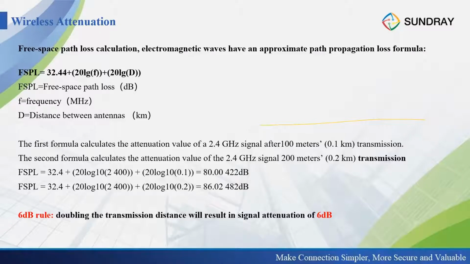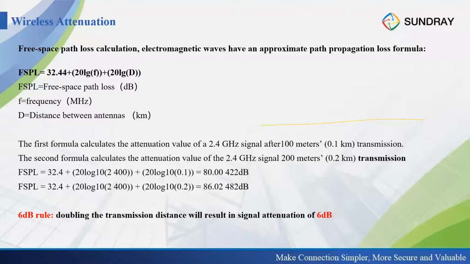For example, we are using 2.4 GHz and the signal travels 100 meters. How many dB will be lost? We can remember this for our Wi-Fi experience. For example, there's a signal whose transmit power is 20 dBm.